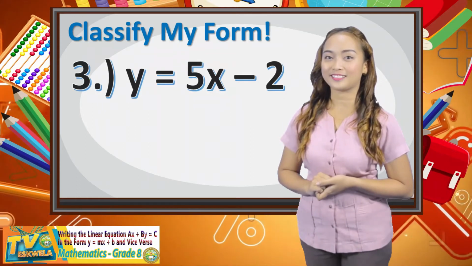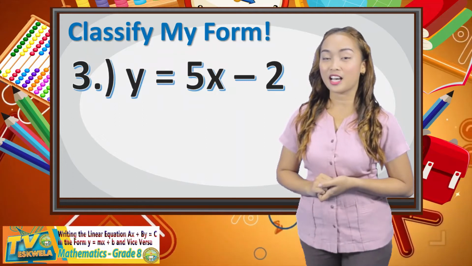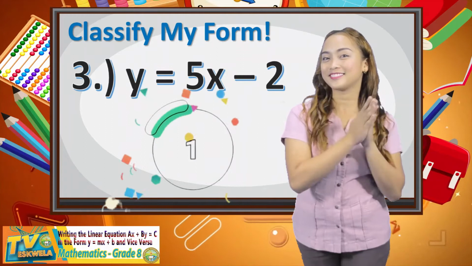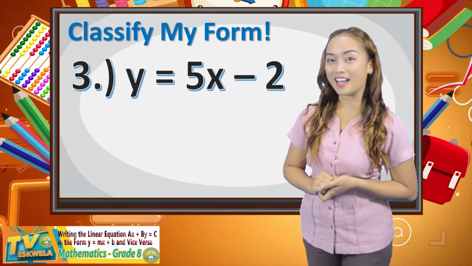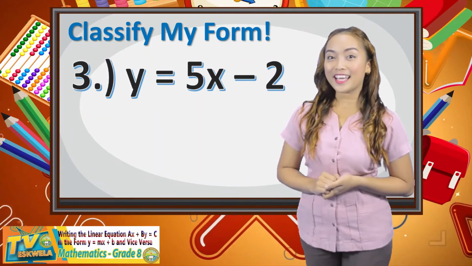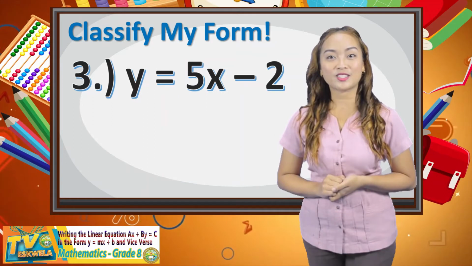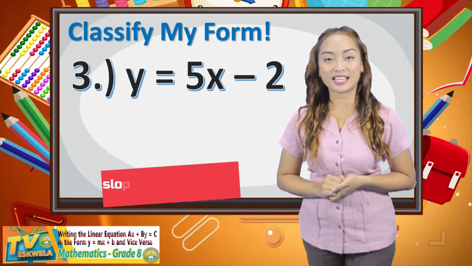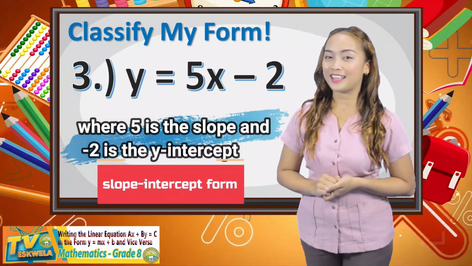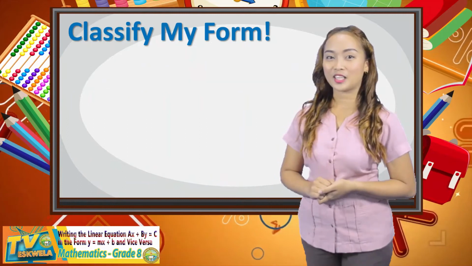Number 3. y is equal to 5x minus 2. If you clap twice, you got it right. y is equal to 5x minus 2 is in slope-intercept form, where 5 is the slope and negative 2 is the y-intercept.